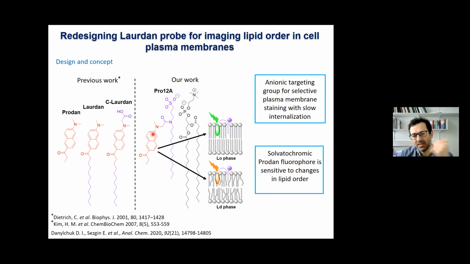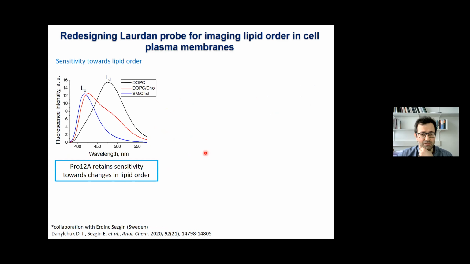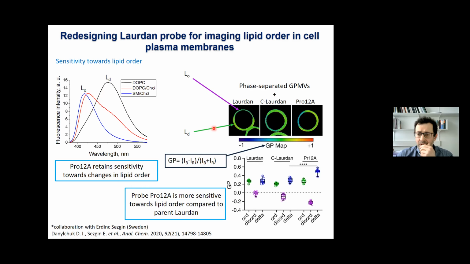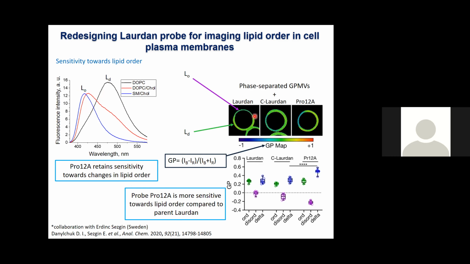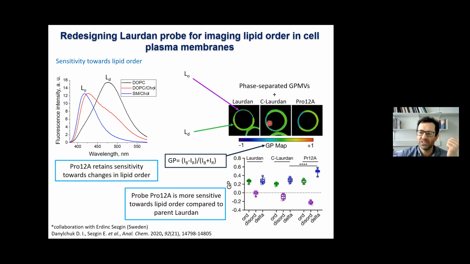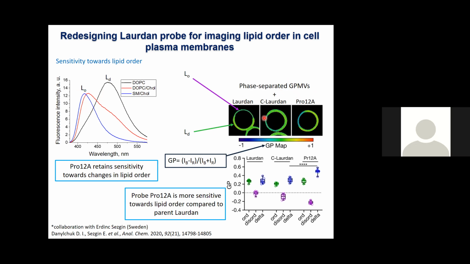And so like this, by exploiting the solvatochromic property of Prodan, we could distinguish ordered and disordered phases by color change, the same as for Nile Red. And when you check it with vesicles, you can clearly see the typical Laurdan behavior, with the ordered phase blue shifted with respect to the disordered phase. Then the experiments in plasma membrane vesicles, so giant plasma membrane vesicles, were actually done by Erdinch.